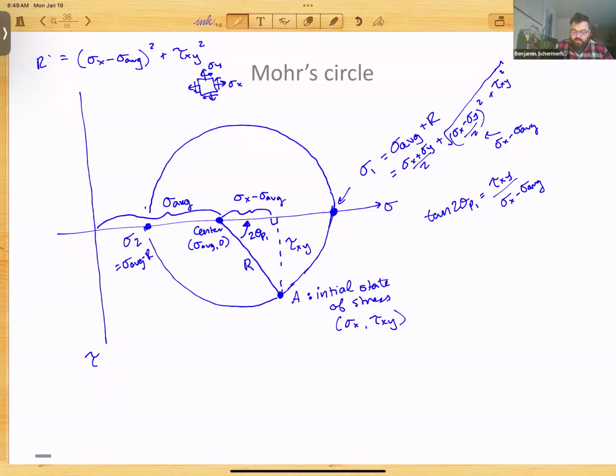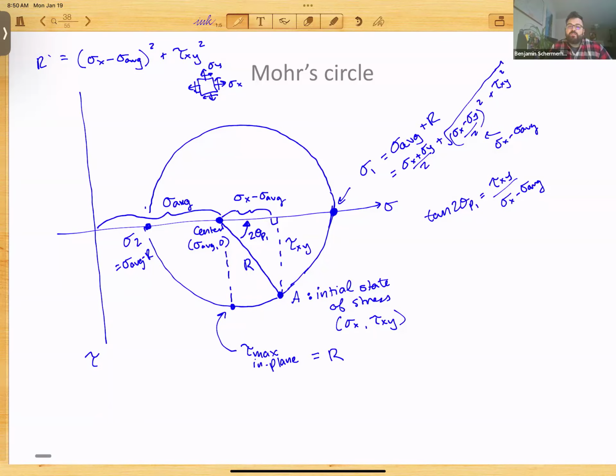And if we want to go to the maximum shear stress in plane, well, our maximum tau is going to be at the bottom, because that's where it's going to be the largest. And we can see that that is just going to be equal to our radius, which it is if you go back and look at our previous equation.